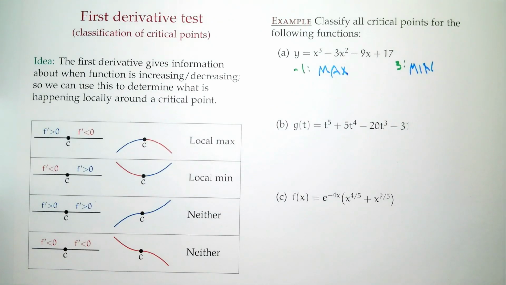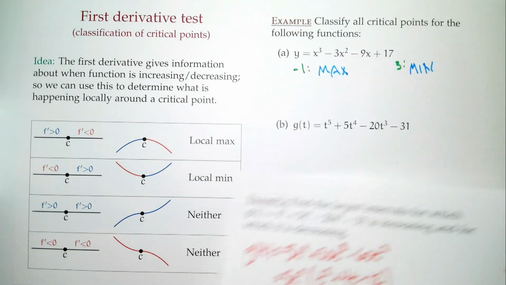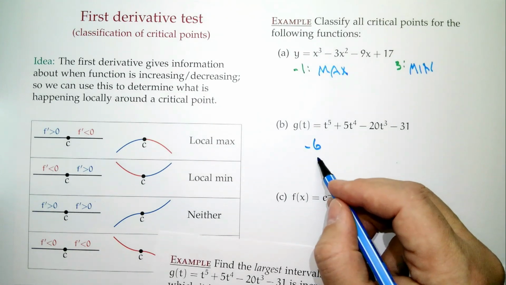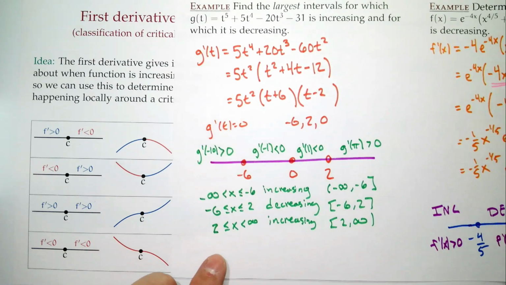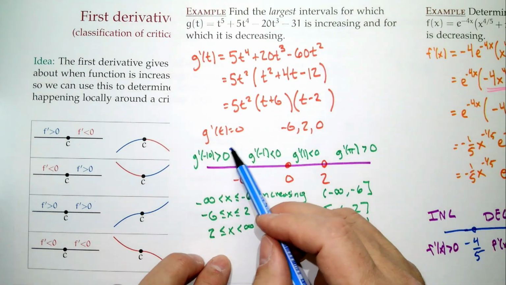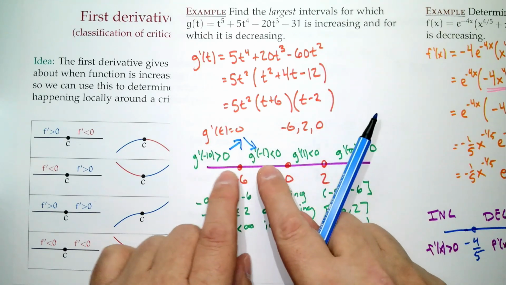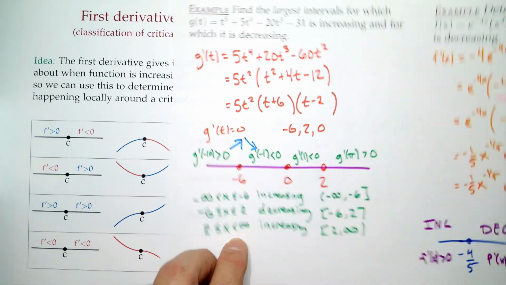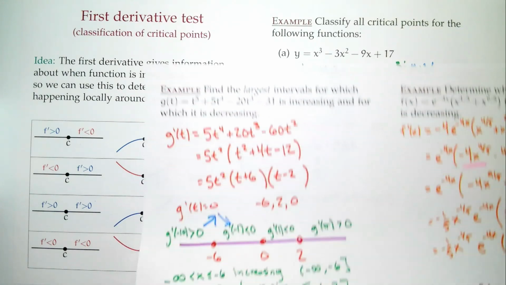All right, that's not so bad. How about this next one? t to the 5th plus 5t to the 4th minus 20t cubed minus 31. Now, that one we had critical points at negative 6, 0, and 2. So let's mark those. At negative 6, what happens? We're going up, positive, and then we're going down. So what kind of point do we have? It's a max. How about at 0?